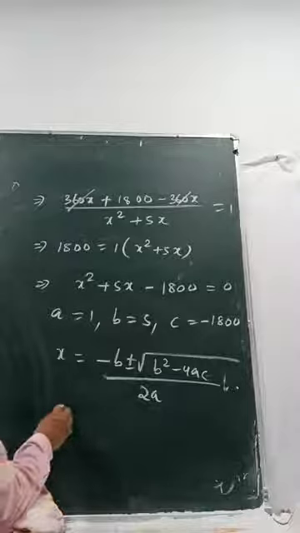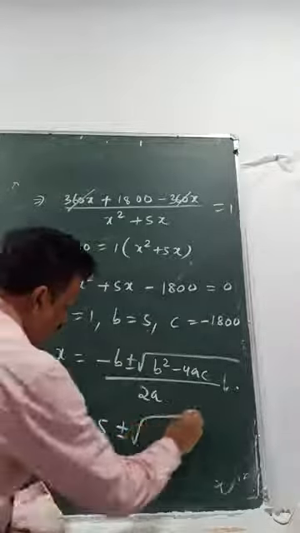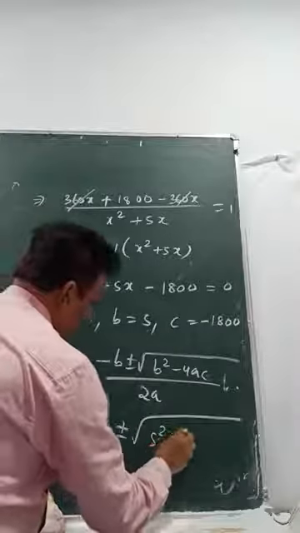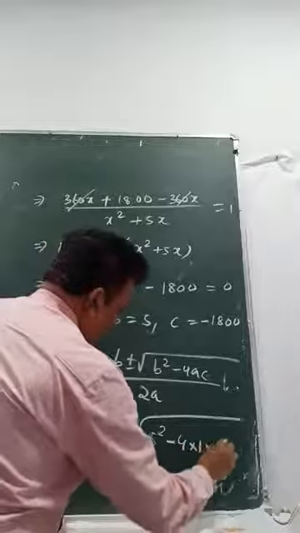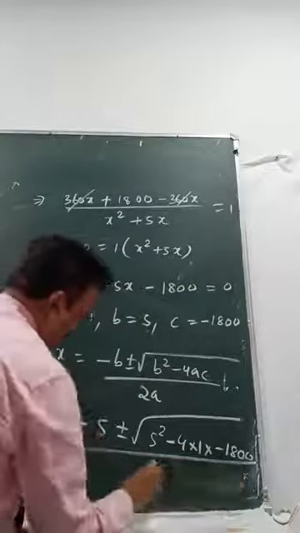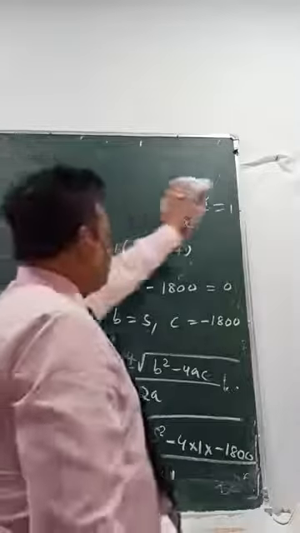So minus 5 plus minus square root of 5 square minus 4 into 1 into minus 1800, divided by 2 into 1. So what did you get?